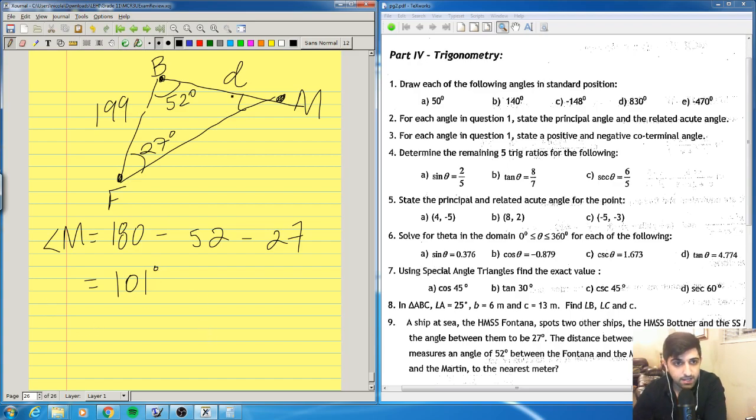So we have that angle. This is 101 degrees. Obviously, it's not drawn to scale. That should be a lot wider. It should be more obtuse, rather than acute.